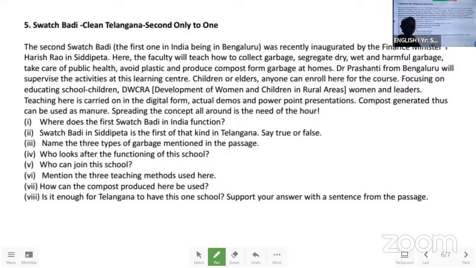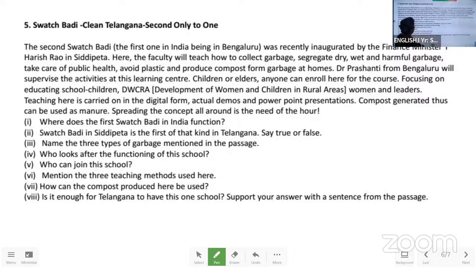Teaching here is carried on in digital form, actual demos, and PowerPoint presentations. Compost generated thus can be used as manure. Spreading the concept all around is the need of the hour. So if you see, it hardly takes you 5 minutes to skim through the passage.